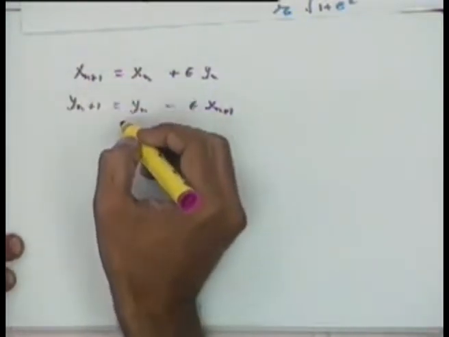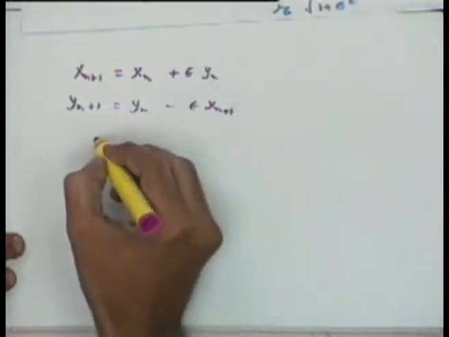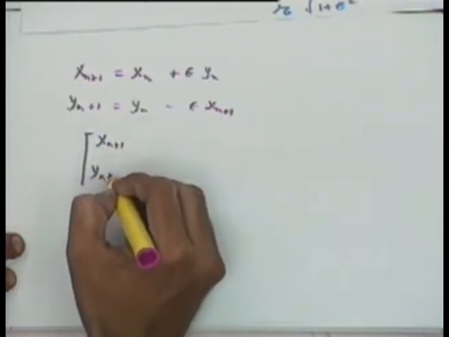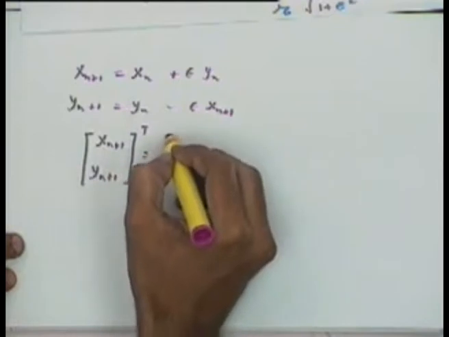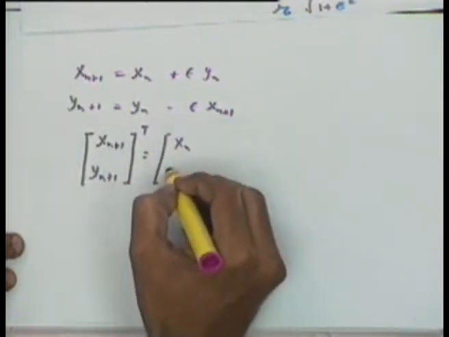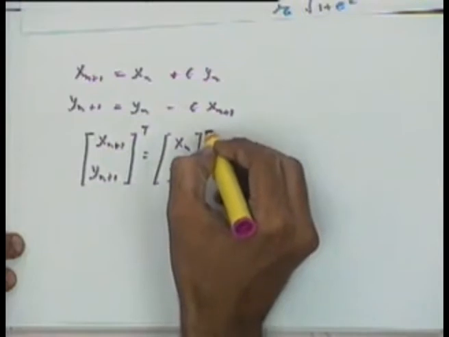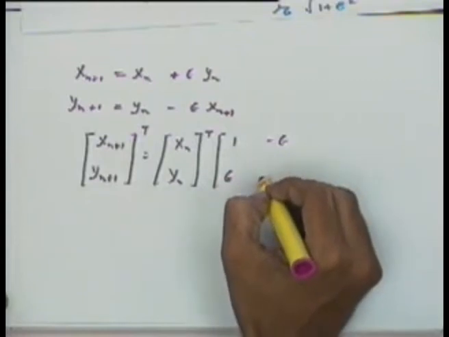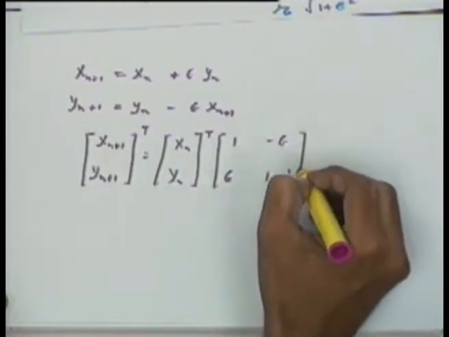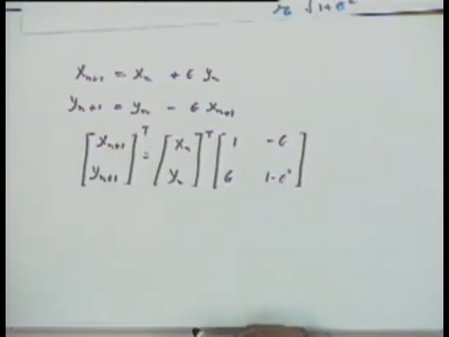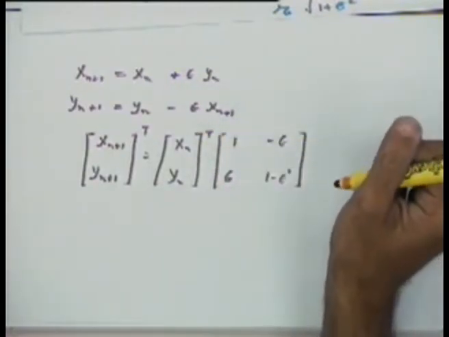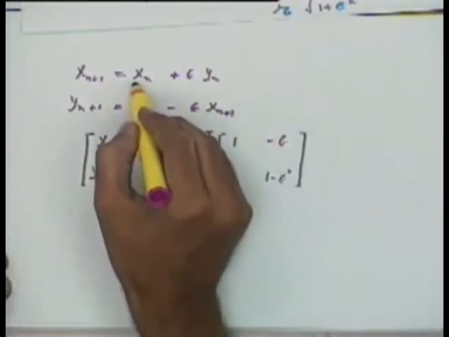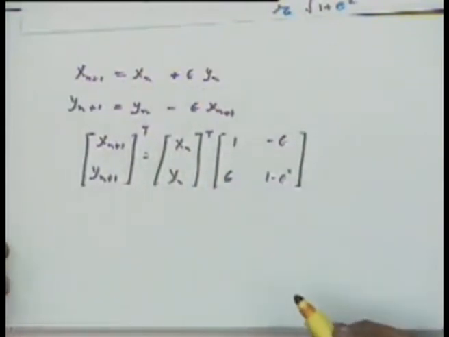And if we represent this in a similar matrix notation like last time, we will get this. You can verify the relationships. Essentially, instead of xn plus 1, we put in this expression and then again rewrite it in the matrix form.